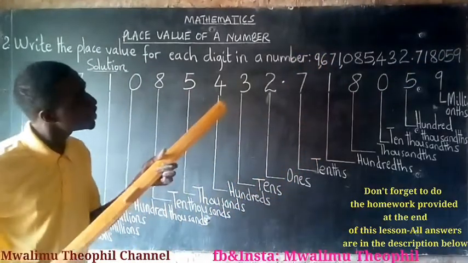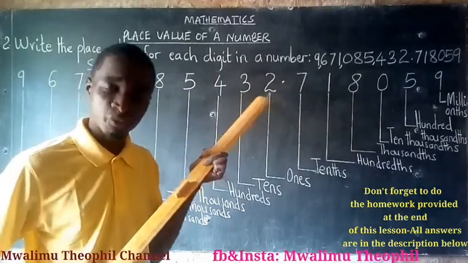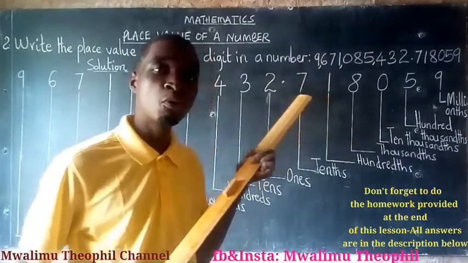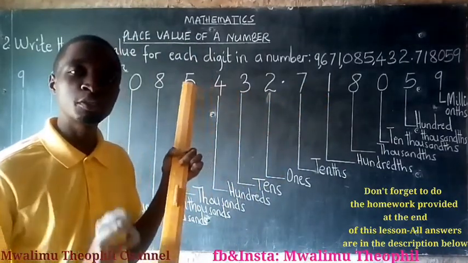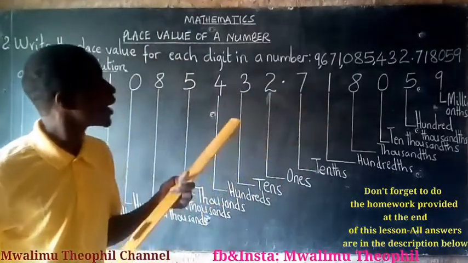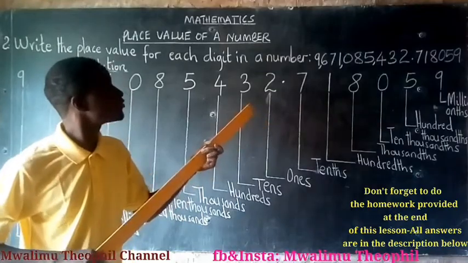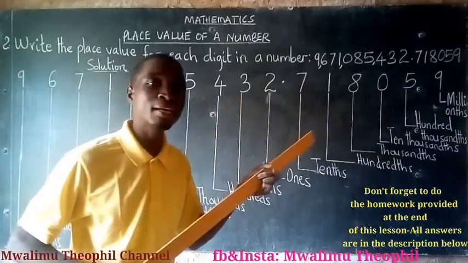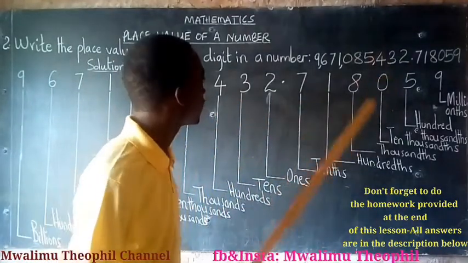Now you can see this example is different from the first one. The first one was a whole number. But this is a number in decimal form. Now, how do we write the place value for each digit appearing in a number which is in decimal form?